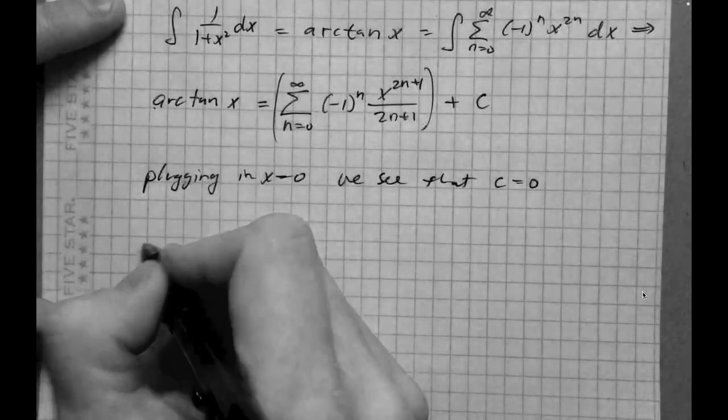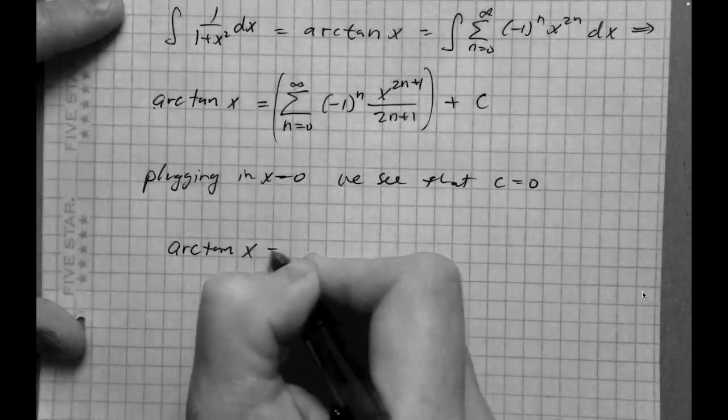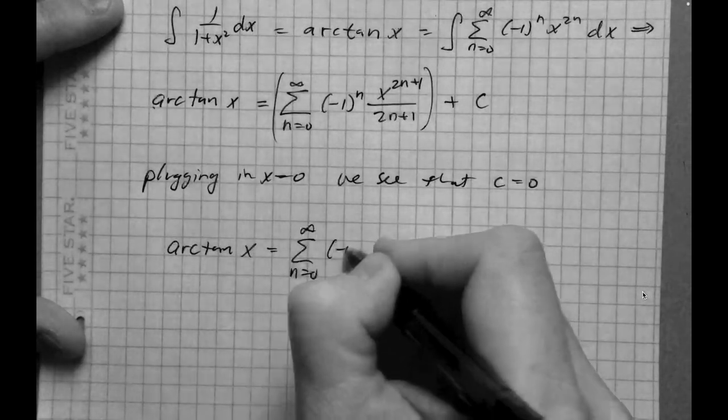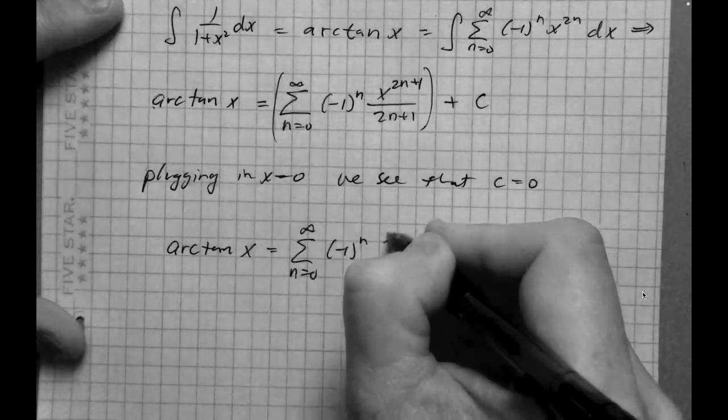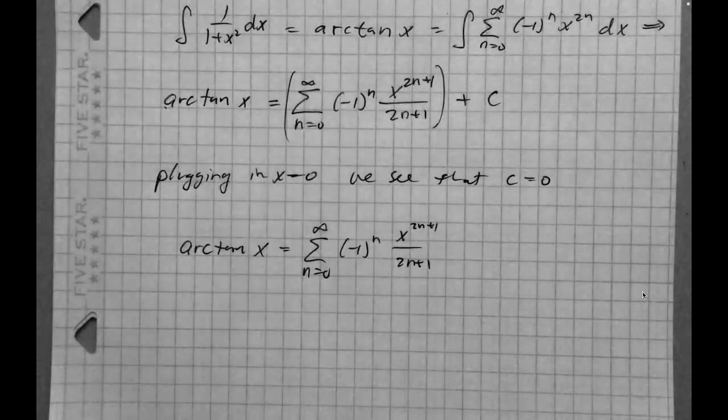And so the arctan of x can be written as a power series, n equals 0 up to infinity of negative 1 to the n power of x to the 2n plus 1 over 2n plus 1. Okay, and so that is our power series for the arctangent.